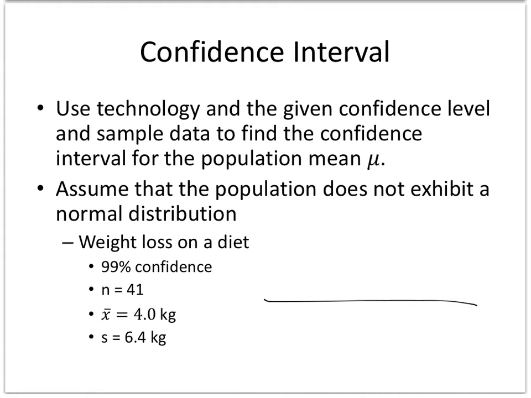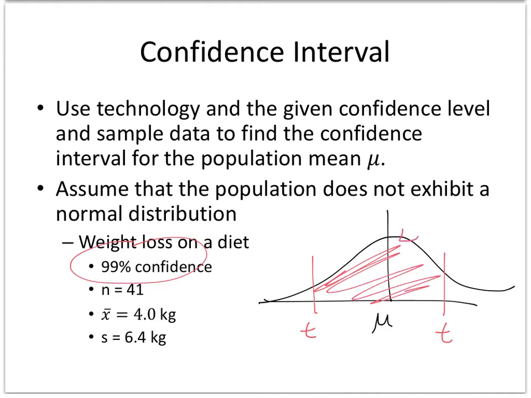What we're looking for is, this is our mean, and we want to know these low and high points, and in this case they're going to be t-values for 99% confidence. Alright, so this is a weight loss on a diet. We want 99% confidence.